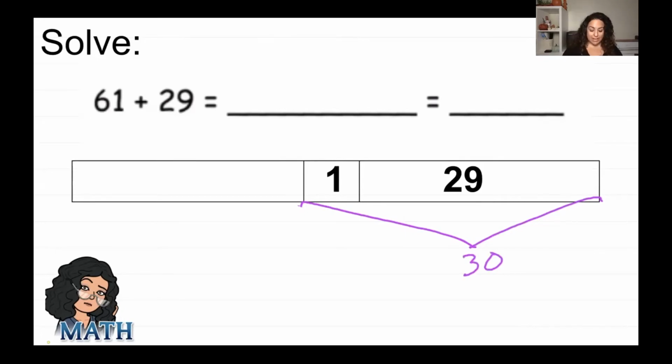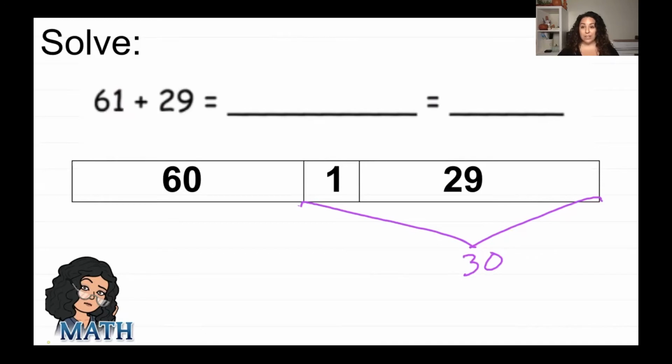Well, remember, I can't put 61 because I used 1 from 61 to make this a friendly number. But the beauty of this problem is that 61 has a 1 in it, so I just have to take that 1 away. So 61, and if it's 1 less, it is 60. So now, instead of 61 plus 29, I just have to do 60 plus 30.